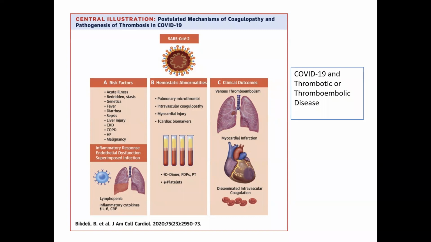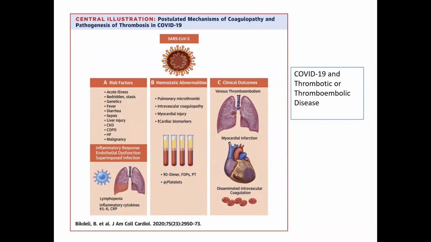And how do we monitor it in our clinical practice? We have been measuring D-dimer in our patients of COVID-19, trying to find out patients who are at risk of thromboemboli. So why am I discussing all these things?